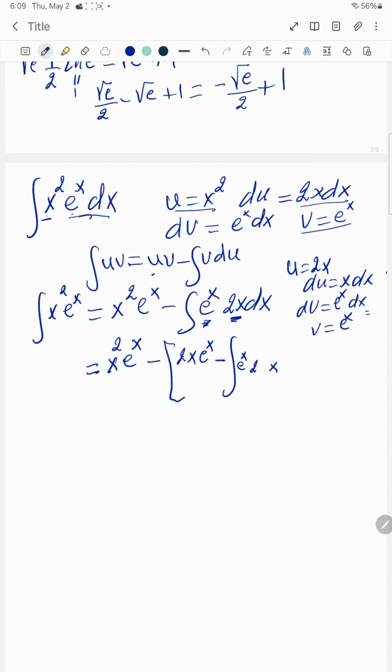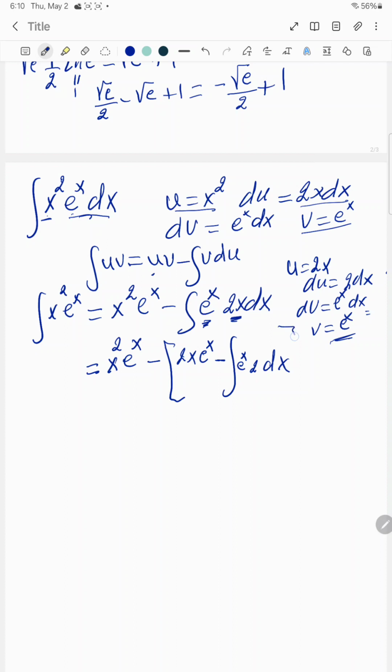My du is here, if my u is 2x, my du is 2 dx, not x dx. I wrote it right the first time, when I copied it wrong. It's 2 dx. So minus the integral of v du, my v is equal to e^x, and my du is equal to 2 dx.